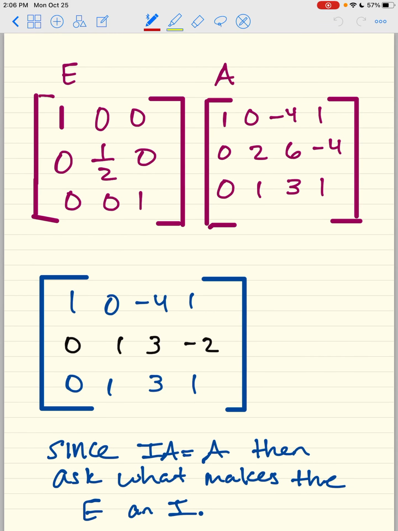Let's try another one. This is almost the identity, isn't it? I have this and I have this. So I put E for elementary matrices, and I just need this. You see, if I multiply this by 2, I would get this to be the identity. So basically it's elementary because I'm able to get the identity in one step.